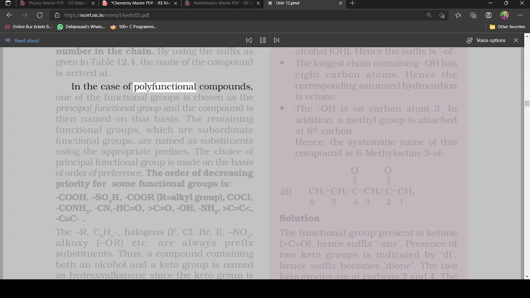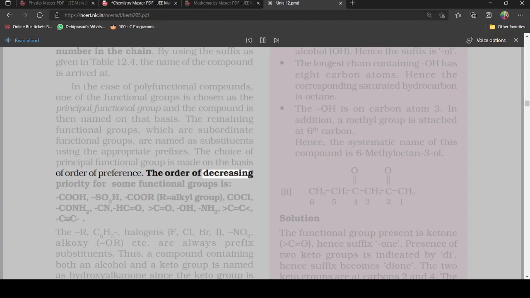In the case of polyfunctional compounds, one of the functional groups is chosen as the principal functional group, and the compound is then named on that basis. The remaining functional groups, which are subordinate functional groups, are named as substituents using the appropriate prefixes. The choice of principal functional group is made on the basis of order of preference.